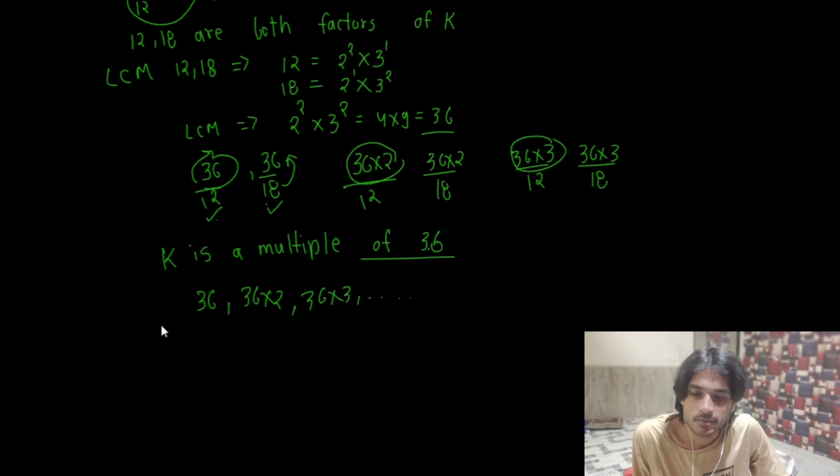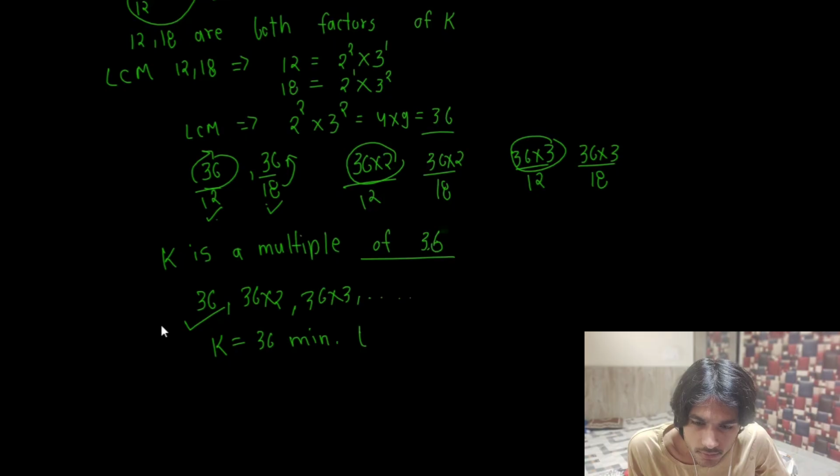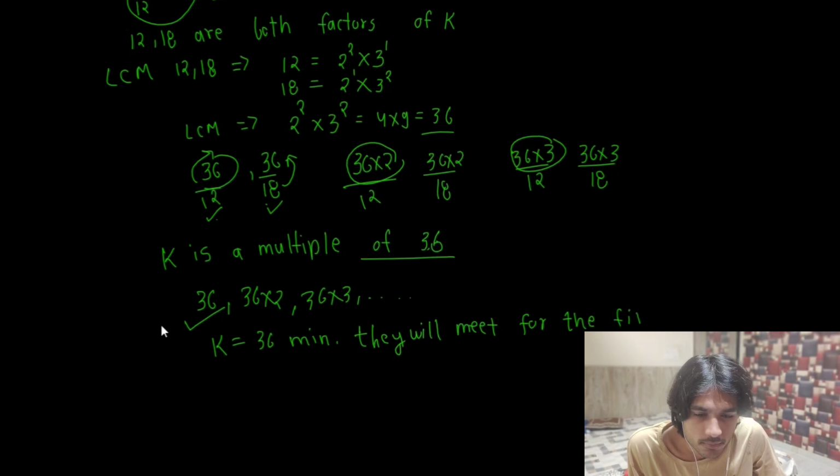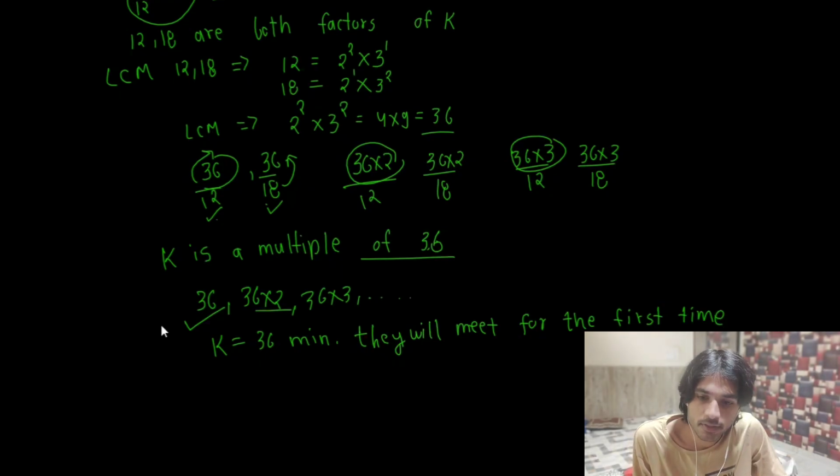So the first time they will meet will be at 36, that is k equals 36 minutes. At every multiple of 36 they will also meet again: after 36 multiplied by 2, that is 72, they will also meet. So at every multiple of 36 they will meet, but the first time they will ever meet will be 36.